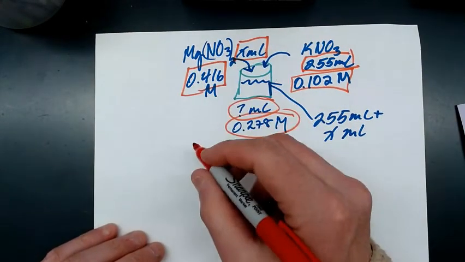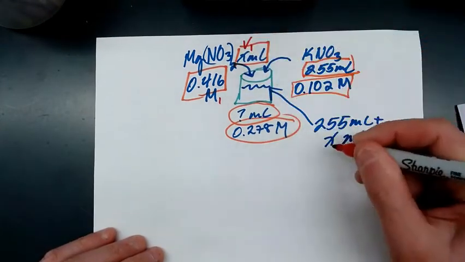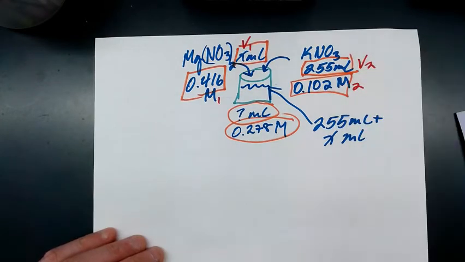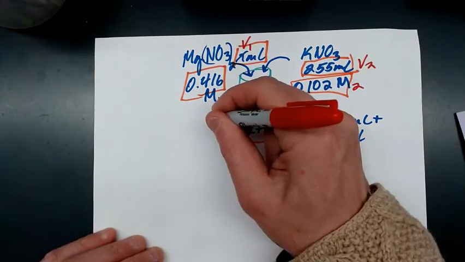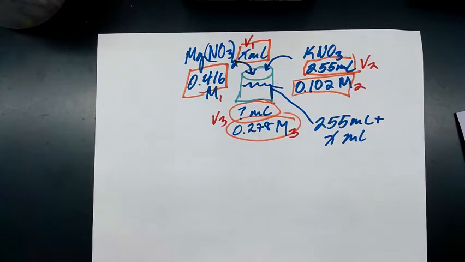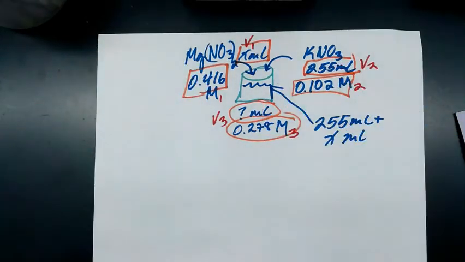I'm going to call this M1 and V1, this one V2 and M2, and this one V3 and finally M3. And we say, well, these two make that.